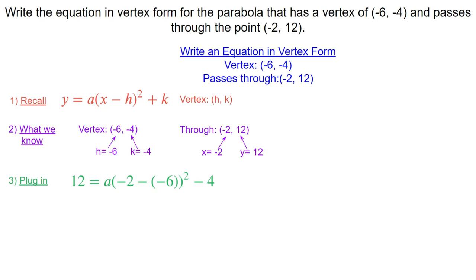So let's substitute y, 12, equals a times (x, which is -2, minus h, which is -6) squared, plus k, which is -4. So now we can solve for a.